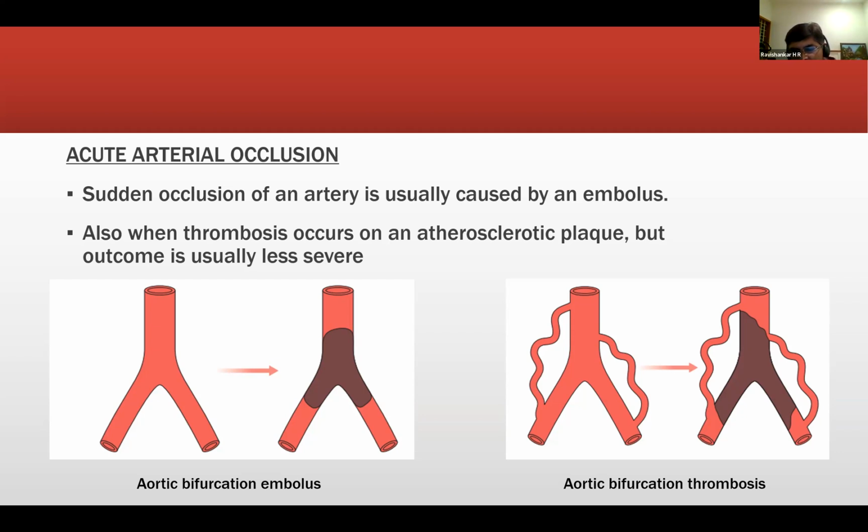What happens is there is an underlying diseased vessel, and then some trigger causes the plaque to get disrupted, and then there is local release of inflammatory markers and platelet aggregation, and that causes acute limb ischemia. Okay, carry on.